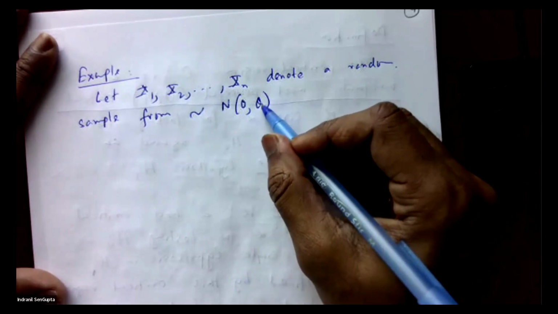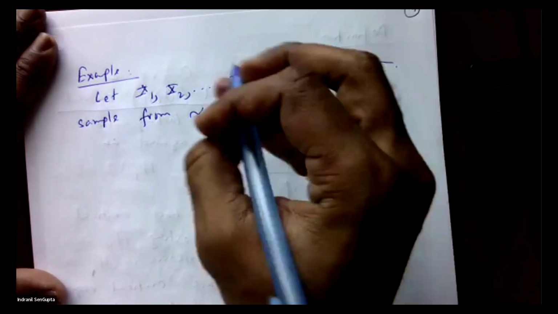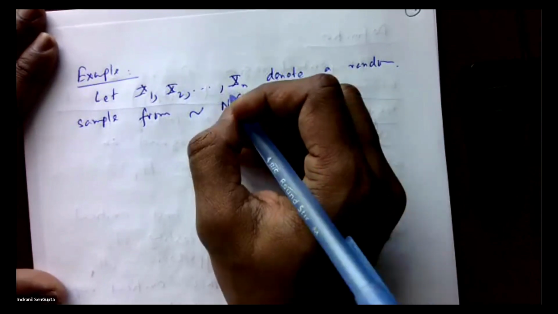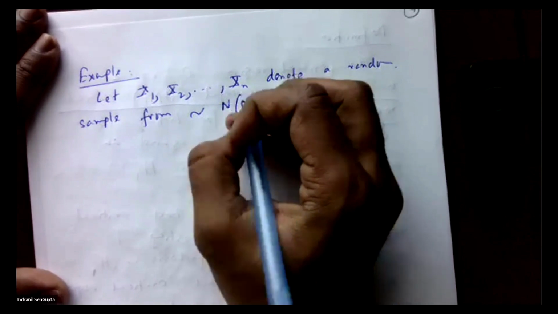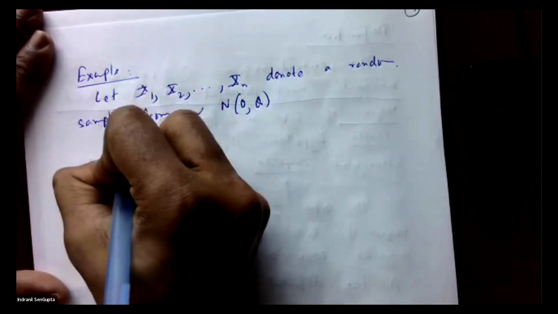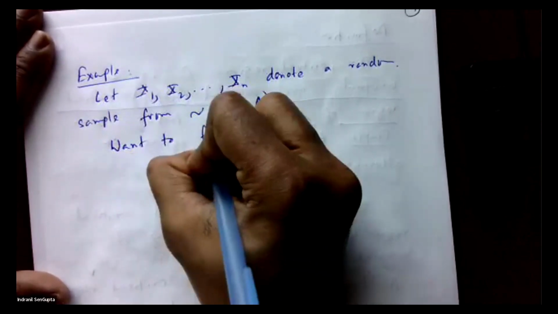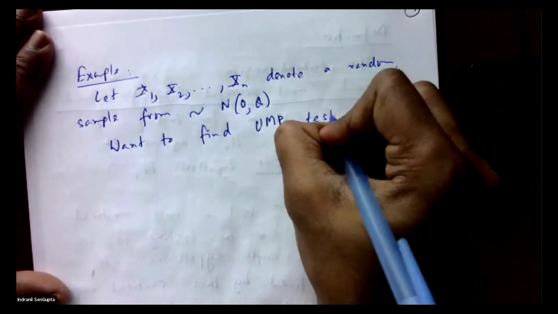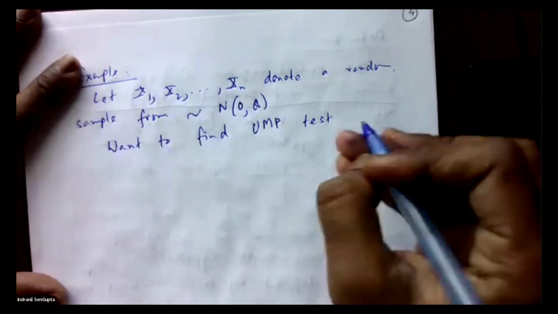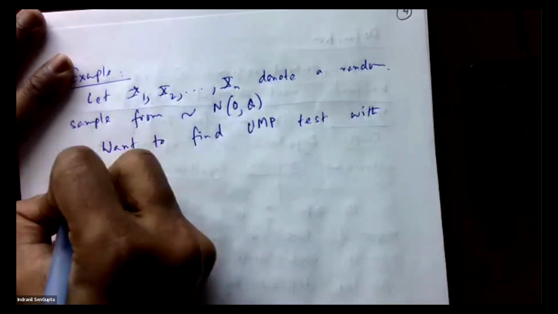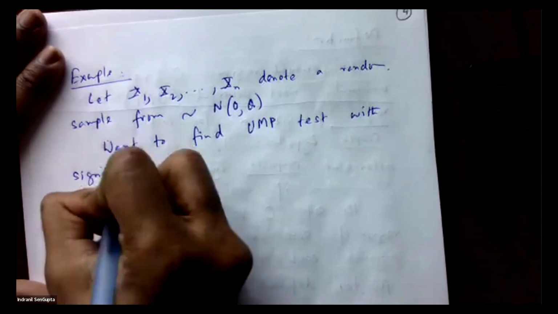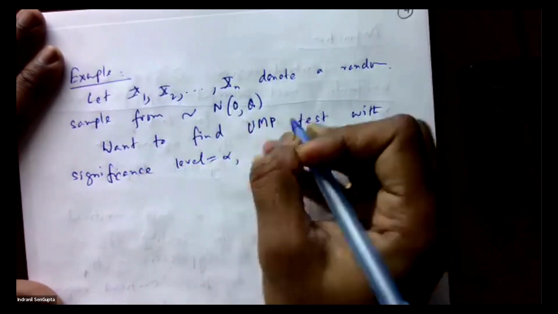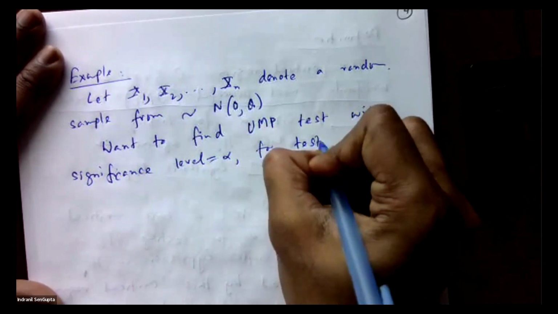We want to find a uniformly most powerful test with significance level alpha for testing the following hypothesis.